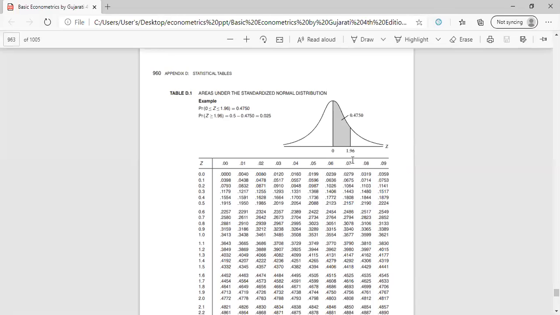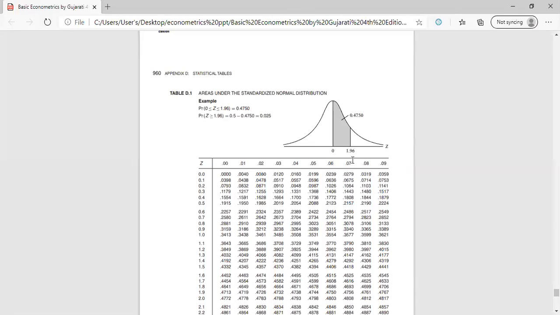So how do you read this table? The Z table I will show today. Any questions, I'll answer today. Next class I will not answer, because you have done this in the probability and statistics class. Any table you see, they explain it in the graph here. Look at this shaded area.